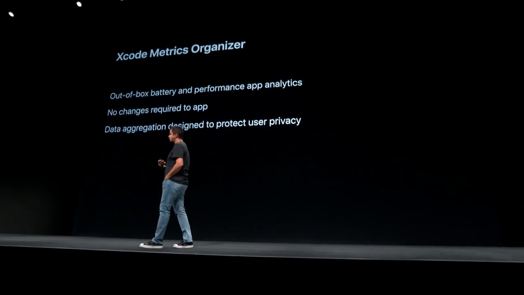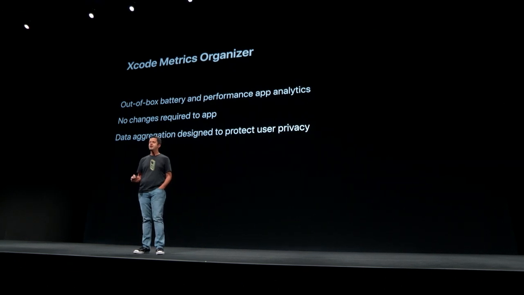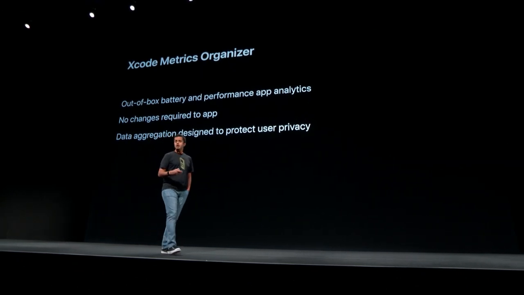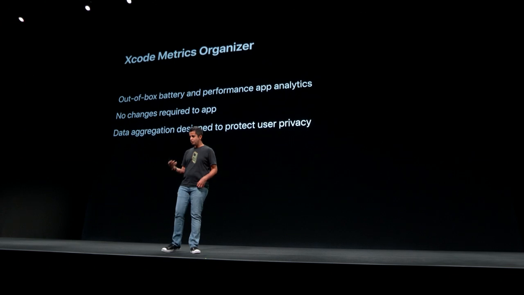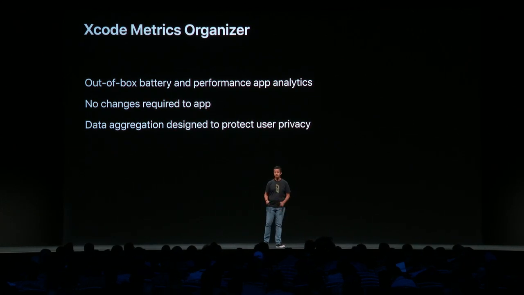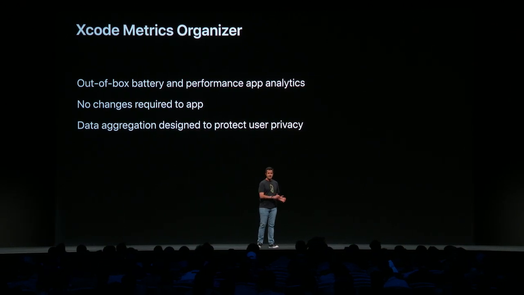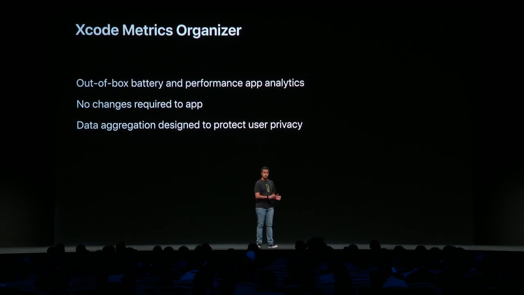You can see how your app is doing on the customer devices in terms of battery life and performance. There is no change required to your app. It is available as is in Xcode 11 for you. We have built in privacy into this whole process, right from collecting the data on device to aggregating the data on the server. So you can start using this data as of today.